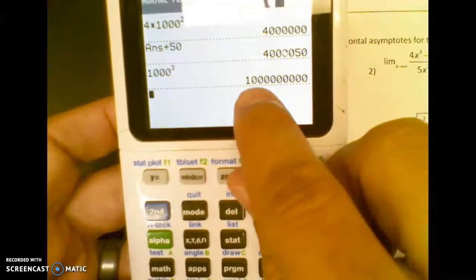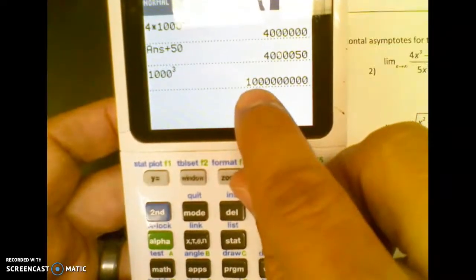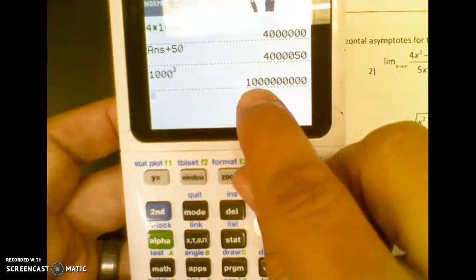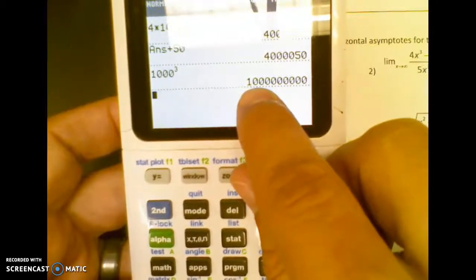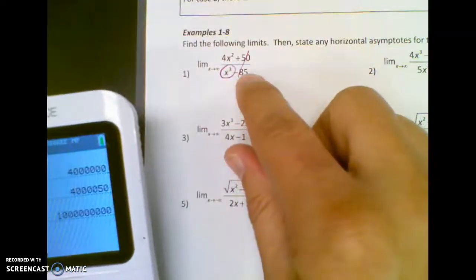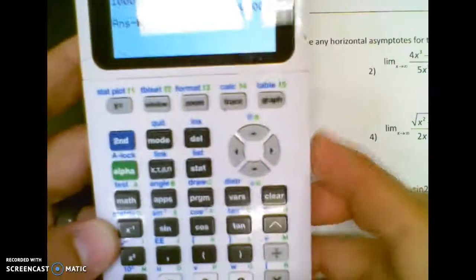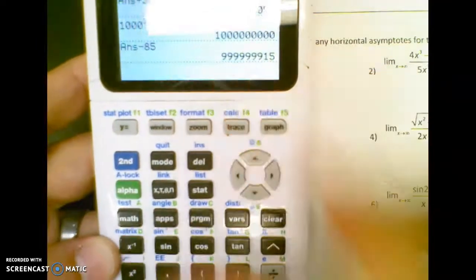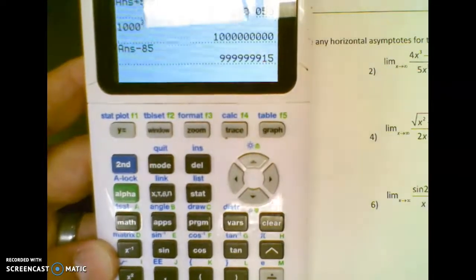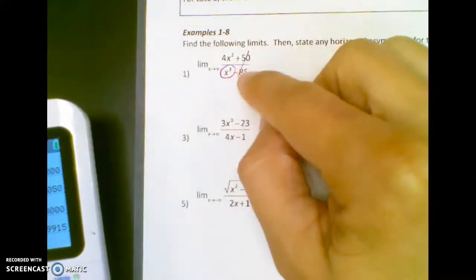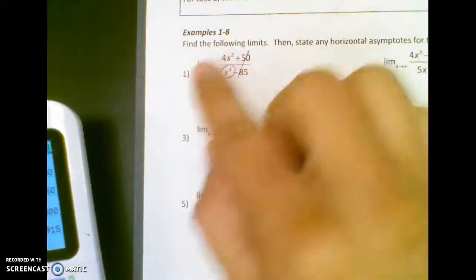So that's a billion, because here's a million, it's 1,000 million. So already the bottom is getting so huge. And imagine if I took away 85, how ridiculously insignificant that is. Now I'm only at 999,999,915.